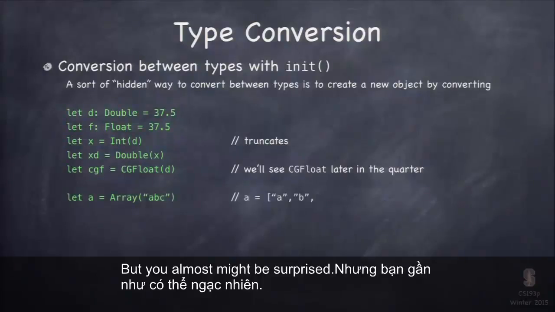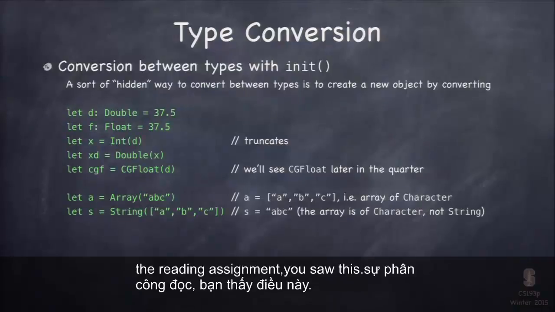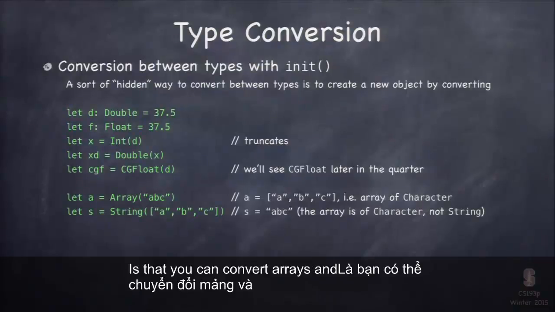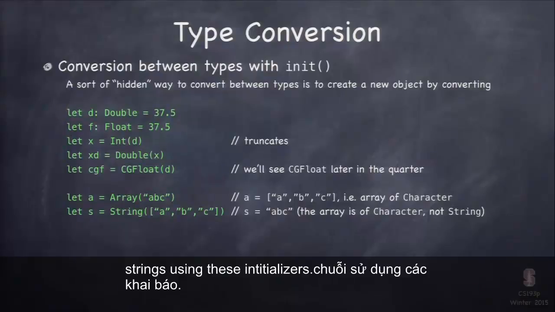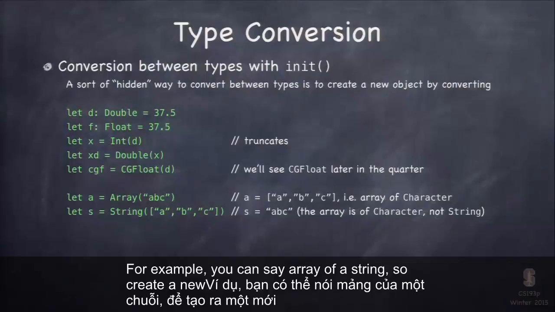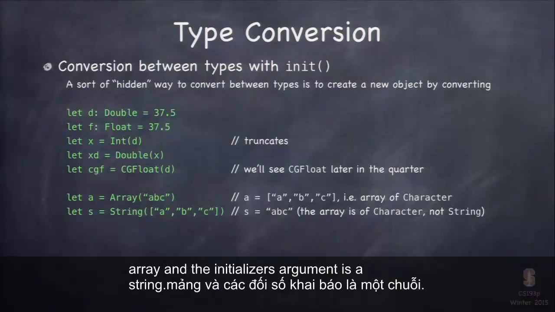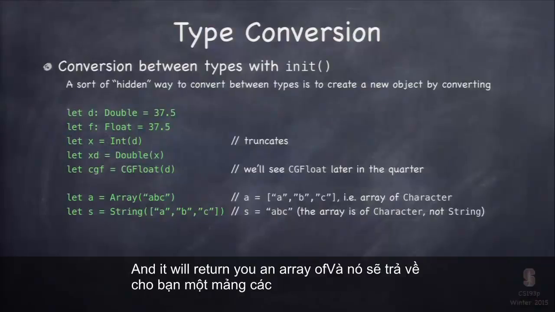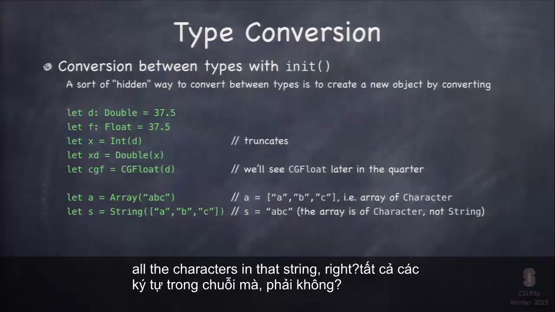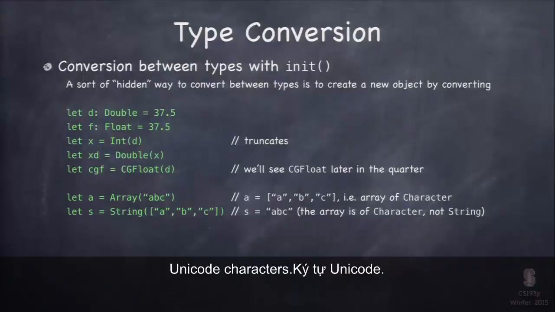But you also might be surprised, actually if you read the homework carefully, or the reading assignment, you saw this, that you can convert arrays and strings using these initializers. For example, you can say Array of a string, so create a new array, and the initializer's argument is a string, and it will return you an array of all the characters in that string, right? Unicode characters.